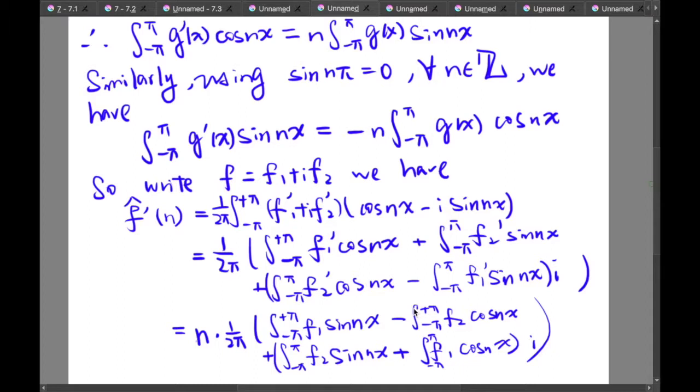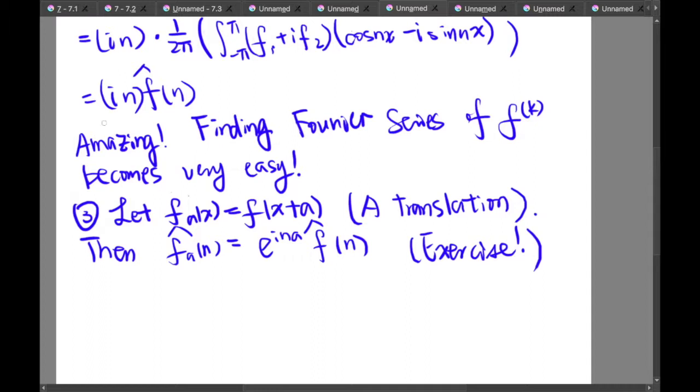If you don't understand why, you can expand the term f hat n, and you will see the same thing when I take out the term i from this expression. Thus, we get that it is equal to in times f hat n.